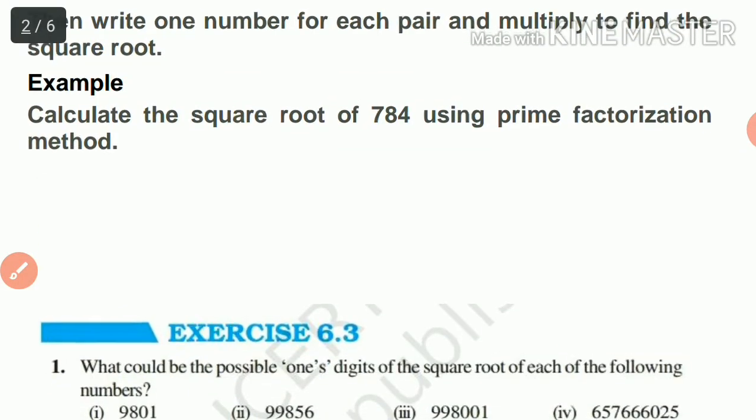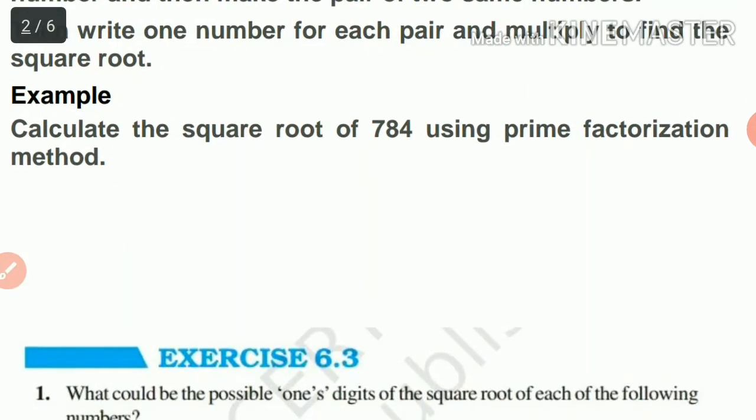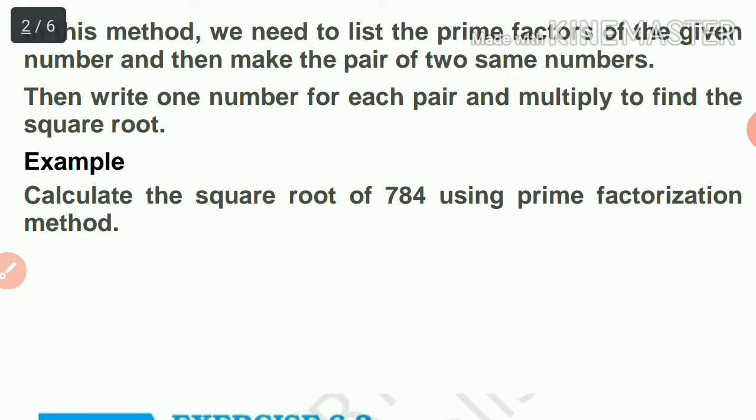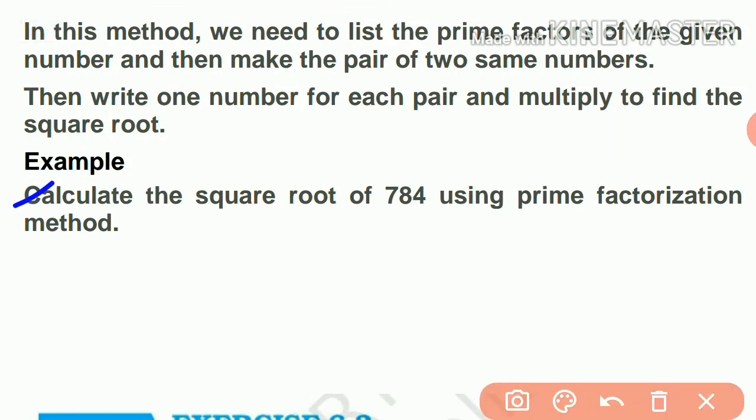Let's take an example: calculate the square root of 784 using the prime factorization method. Firstly we factorize 784.